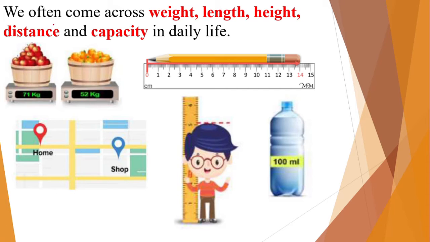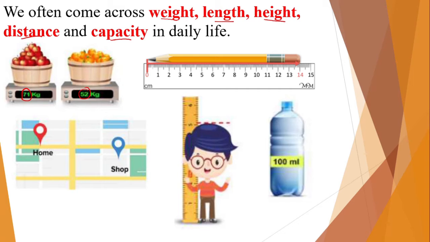So we often come across weight, length, height, distance and capacity in daily life. So what is the common thing here? In all these things we are using numbers. To measure weight, like measuring fruits and vegetables, we are using numbers.